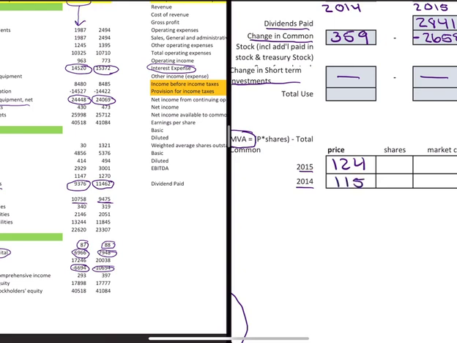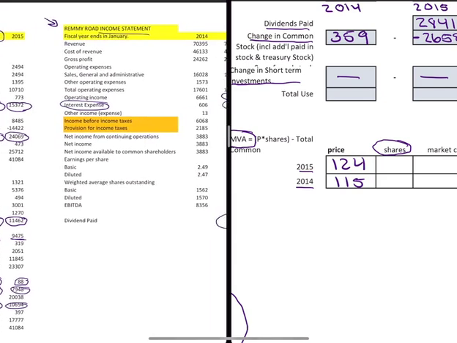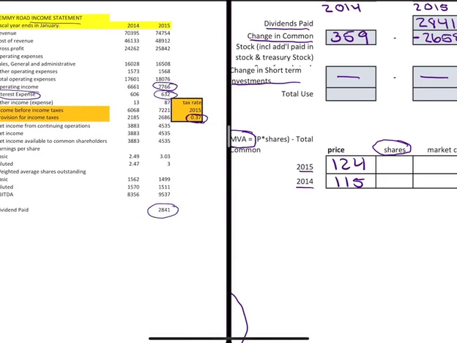Now, how many shares did they sell? We can find that by looking on the income statement. So if we look down here, we have our basic. Okay, these are our basic shares. So in 2015, it was 1,499 shares. In 2014, it was 1,562.